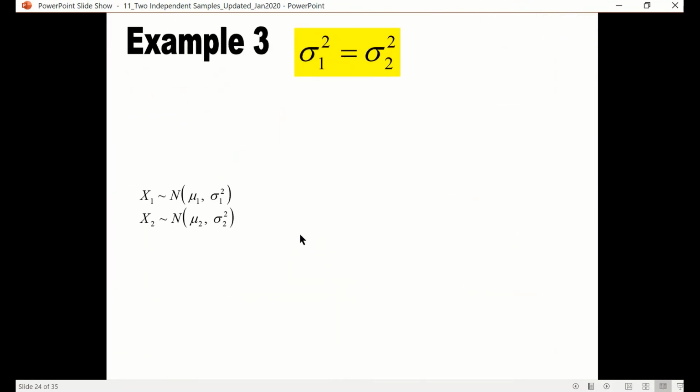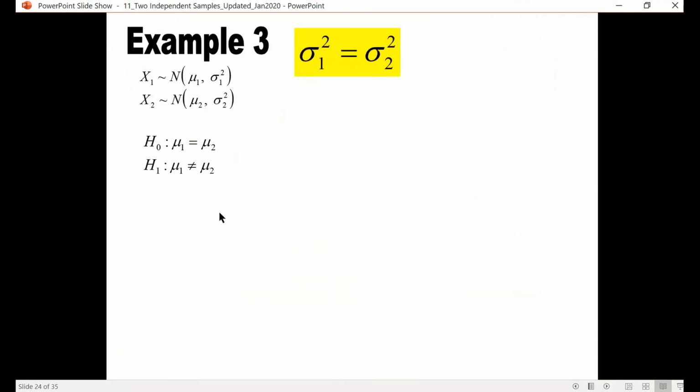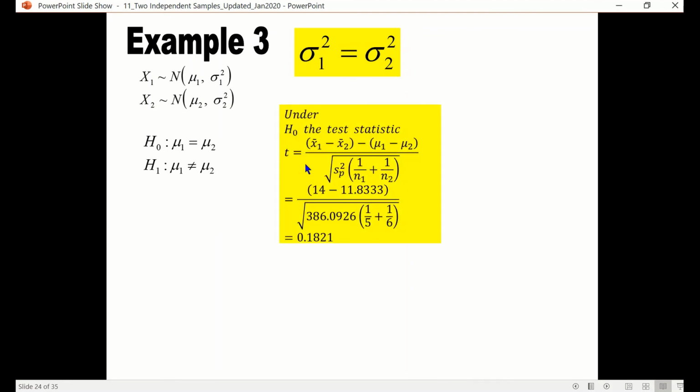Coming back to the problem, let's write down the hypothesis. We are interested in whether they are different, so the alternative hypothesis is testing that the mean of the first population is not equal to the mean of the second population. Under the null hypothesis, the t test statistic is 14 minus 11.8333 divided by the square root of the pooled variance multiplied by 1/5 plus 1/6, which gives you 0.1821.